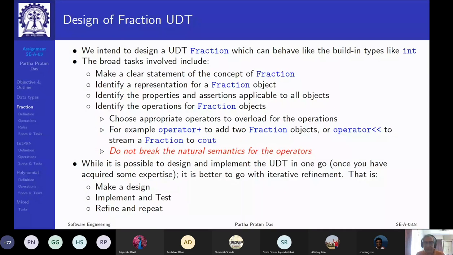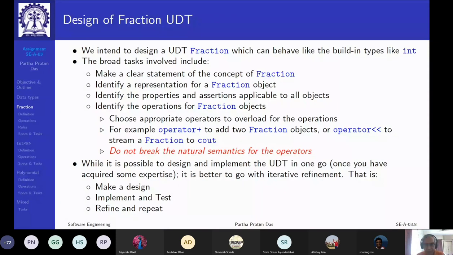Kind of the way I can use int, I should be able to use a fraction. So in terms of engineering, the broad tasks that we will have to embark on include that we have to have a clear concept of the fraction. We have to make a clear statement about it, which subsequently we will say is a specification.